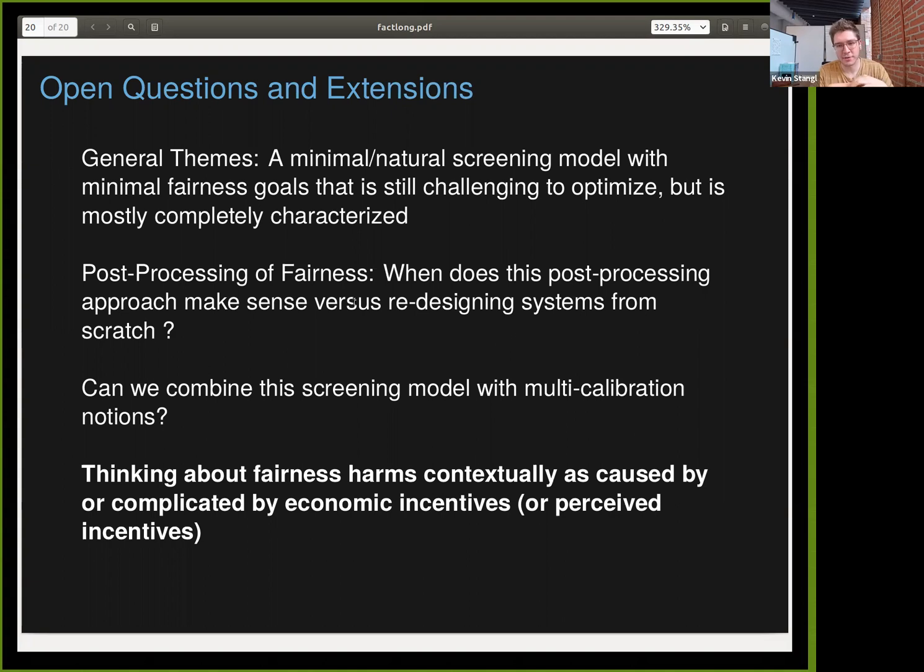During the talk, I moved away from that. I think it's something that, as a community, it'd be good to think about more. I think some people do think about how fairness harms are complicated by these economic incentives, because if there are no economic incentives, things are more tractable.